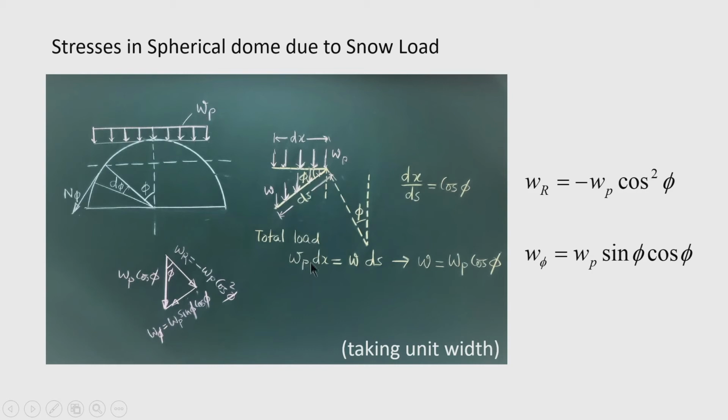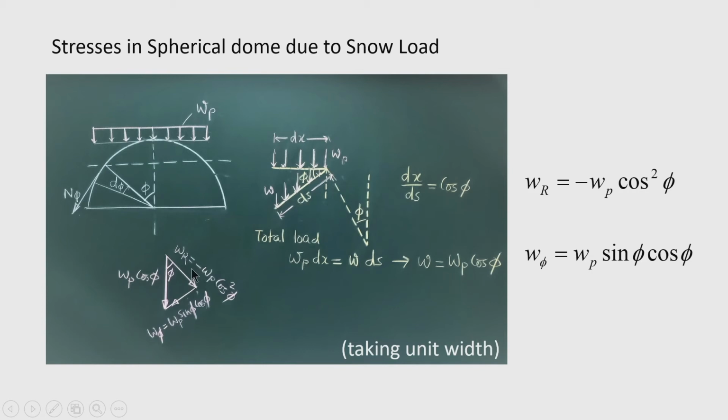So, W p d x equal to W into d s, because total load is equal. So, by equating this we get W is equal to W p cos phi. How is it cos phi? Because d x by d s, from this triangle you can get it is cos phi.